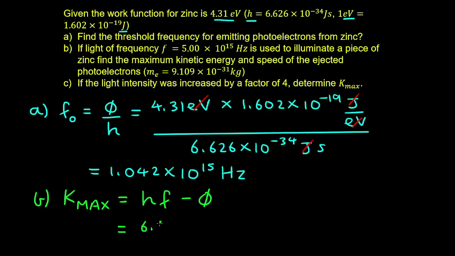So we have 6.626 by 10 to the minus 34 joule seconds multiplied by the frequency of light, which is 5 by 10 to the 15 hertz, or seconds to the minus 1.